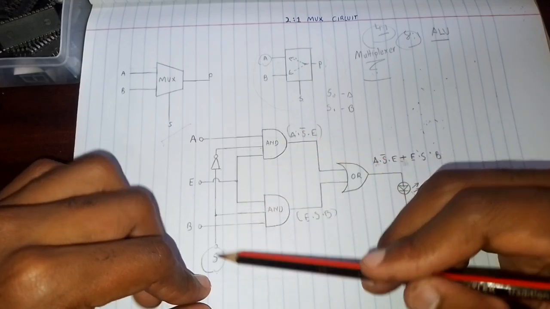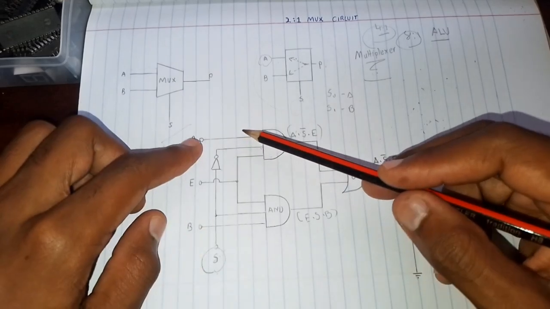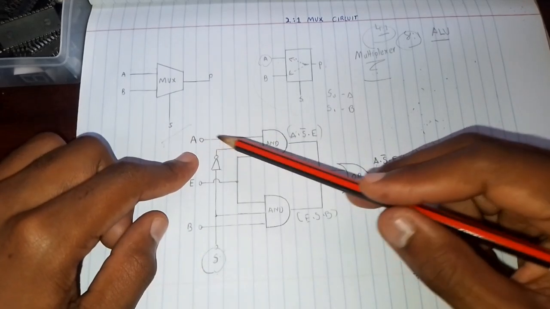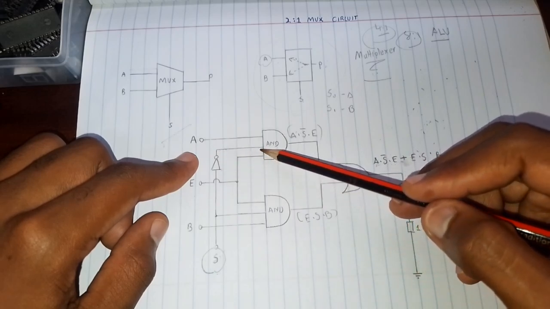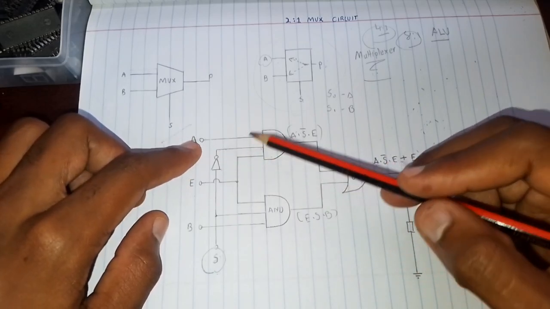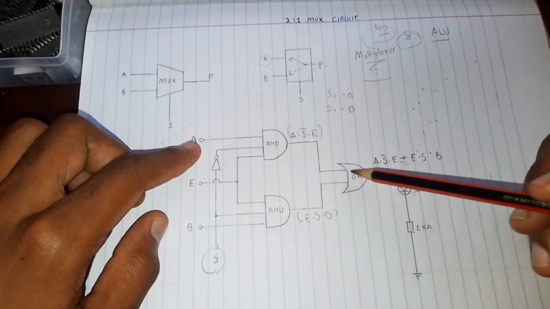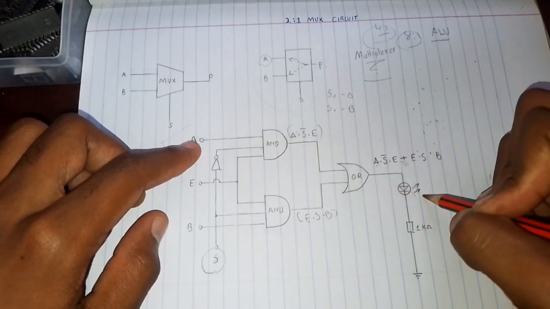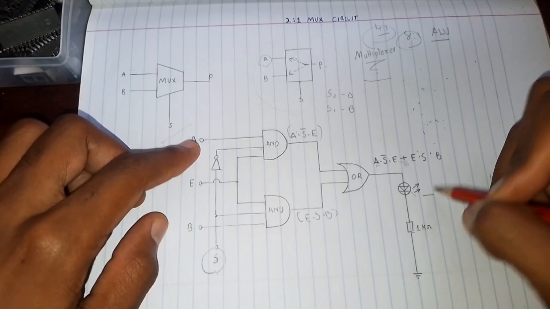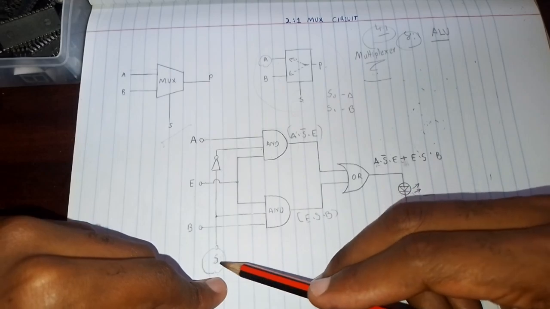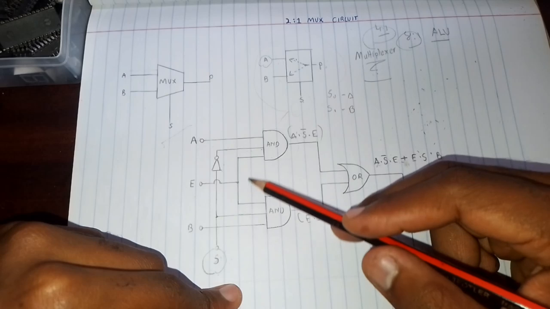So if S is 0, the AND gate having the A input is selected. S is inverted to be 1, and when that is 1, A is 1, and the enable is on, it gives you a 1 output, shown by lighting up this LED, meaning that input A is on. Then when S is 1, it's inverted to 0, meaning that this gate will be cancelled.